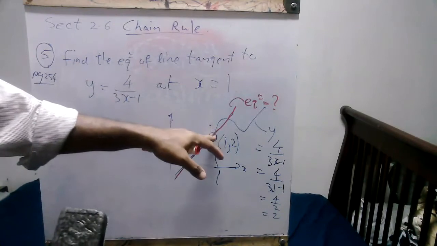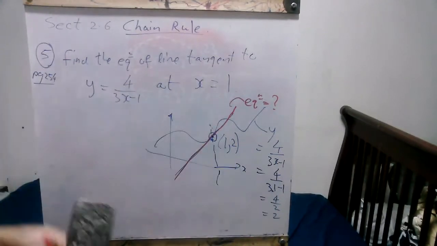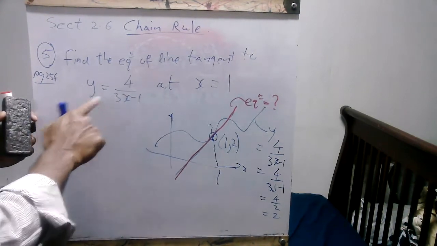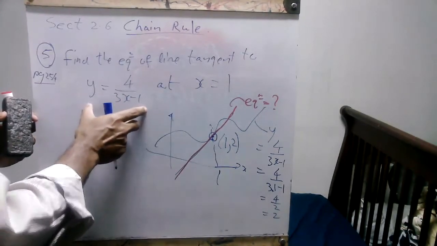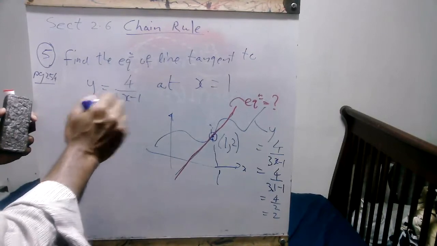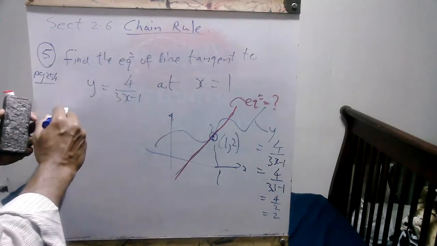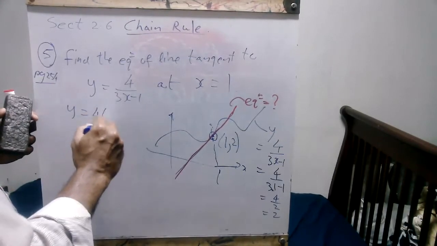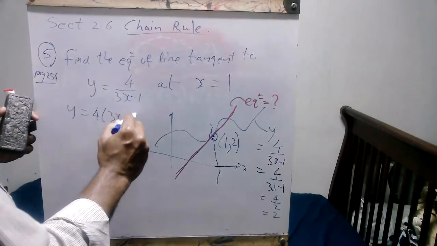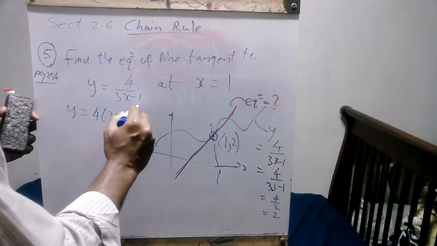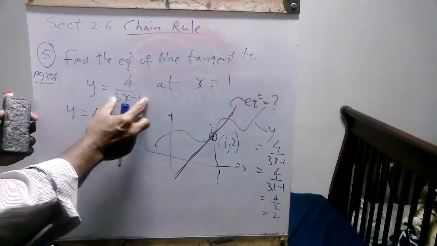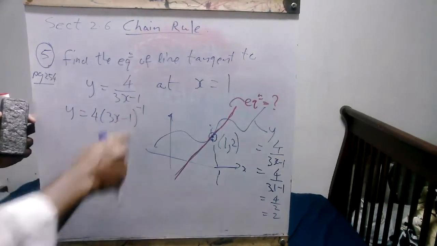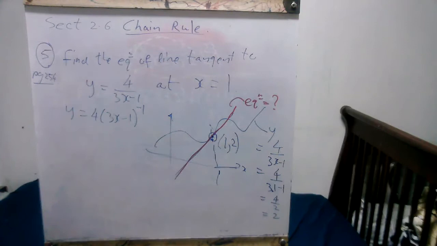To find the general slope, we differentiate this function. We can write it as y equals 4 times 3x minus 1 to the power negative 1. Agree? I move this whole thing to the top, therefore it is negative first power.